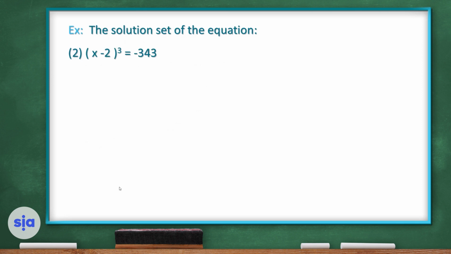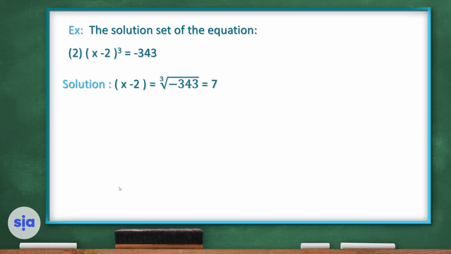Let's now move to another question, to find the solution set of (x minus 2) all cubed equals negative 343. Yes, here we have a bracket that has a power of 3. How can we get rid of a power of 3? Yes, by making a cubic root on both sides of the equation. So we're going to make a cubic root on the left-hand side and a cubic root on the right-hand side.